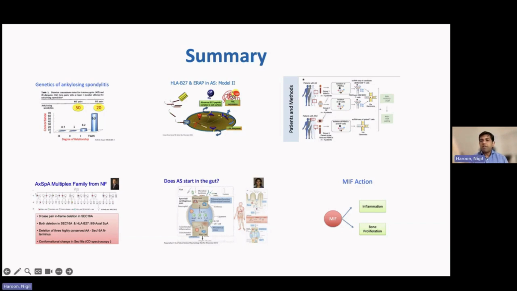And the latest discovery of the T cells, that the V beta 9 T cells, which form 4% only of the T cells that we have, which may be driving disease, a potential target for treatment. We talked about the gut origin of potential T cells and immune cells being driven by microbial changes, maybe. And finally, we talked just very briefly about the latest discovery of MIF driving inflammation and bone proliferation.